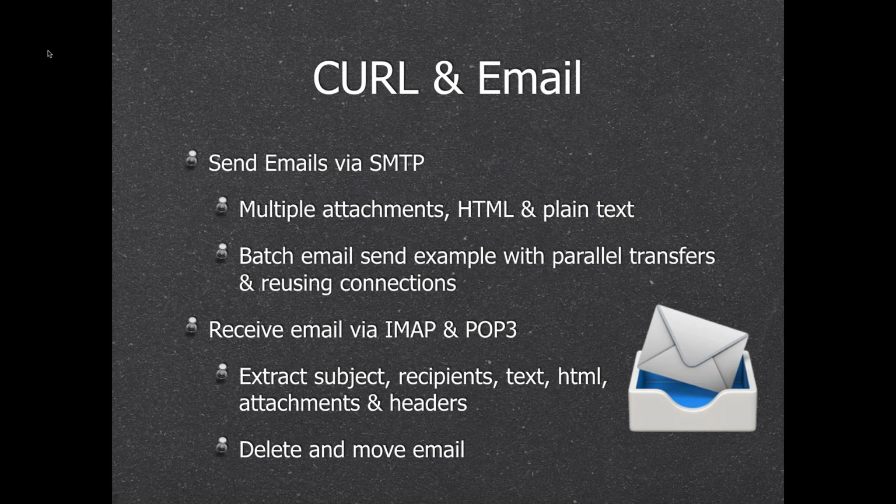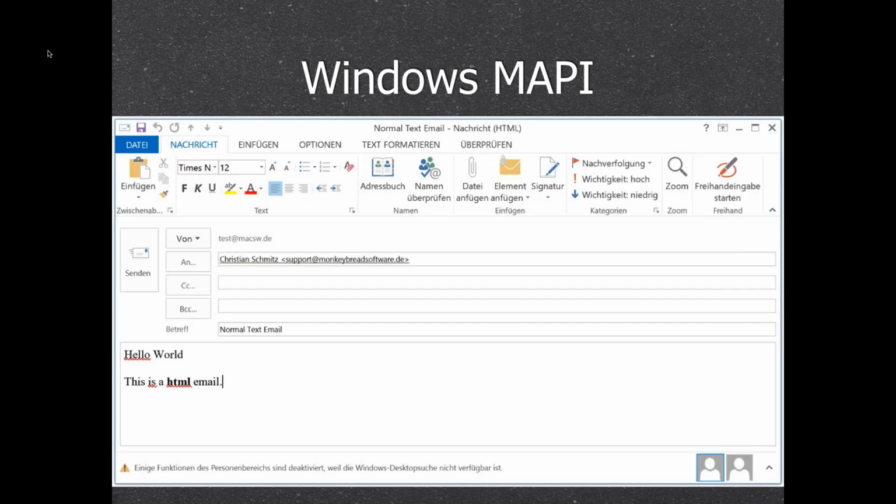So you can download all your emails from an IMAP account. You can see the content, save the attachments to fields. You can delete an email or move it or otherwise process the emails. And we have an email preview, so you actually see the email rendered as HTML with embedded images. For Windows, we support the Windows Mail API, so you can talk to Outlook and create an email from FileMaker.